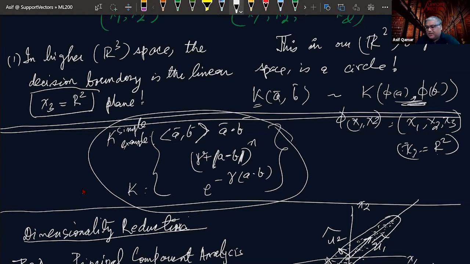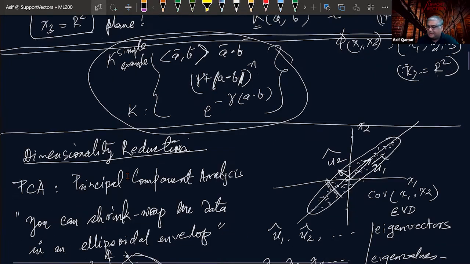But more generally, a kernel is the dot product in the higher dimensional space. So here also there's a typo. I think I was being absent-minded last time. Let me explain this concept again because I seem to have goofed a little bit.